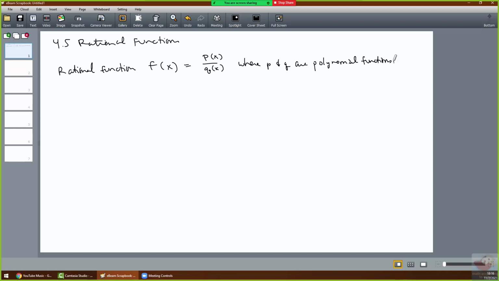So when you have a polynomial over a polynomial, you've created a rational function. The comment is, and we didn't have a question like this on the test because it wasn't necessary, because it was going to come up here anyways. The comment is that, notice, we have a fraction, and so tell me about the domain. What can't happen in that denominator?